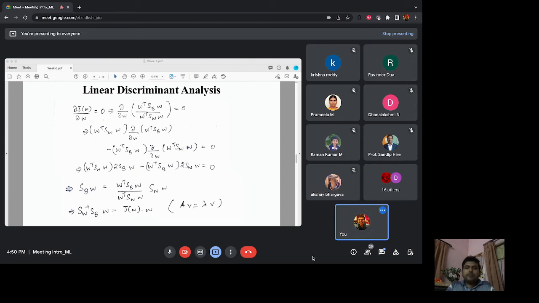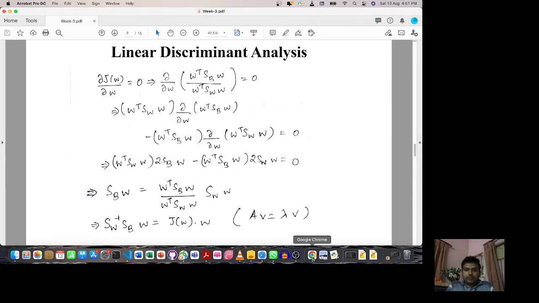When I introduced eigenvectors in the first slide, the definition I used was AV equals lambda V. If A corresponds to SW inverse SB, W corresponds to V, and JW corresponds to lambda, then what we see on the left-hand side is the eigenvector equation of the matrix SW inverse SB. Am I clear?